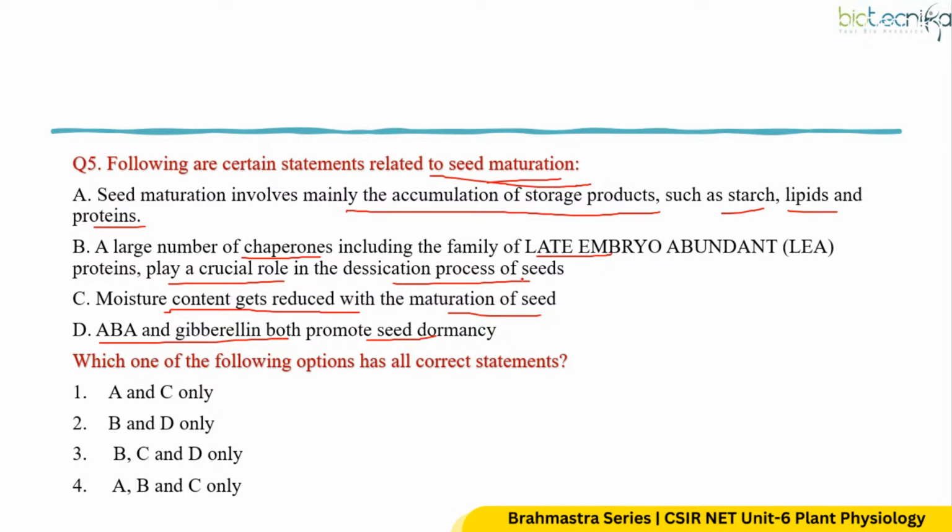Extreme conditions means the drought condition, flood condition, or extreme temperature, maybe hot or cold temperature. So based on that, we can see many plants are surviving, but many are not. Why? Because they have specific genes being synthesized in them, and that is promoted by abscisic acid.